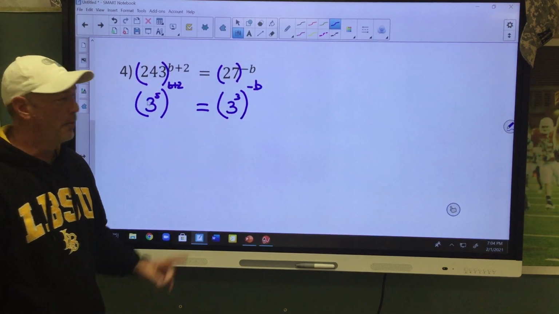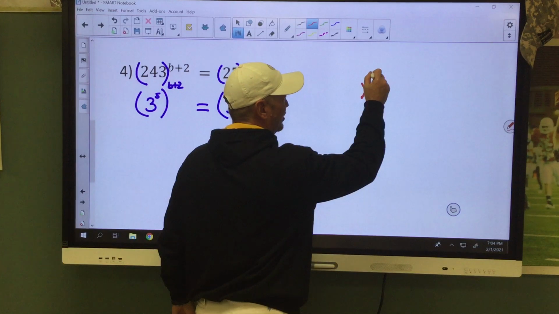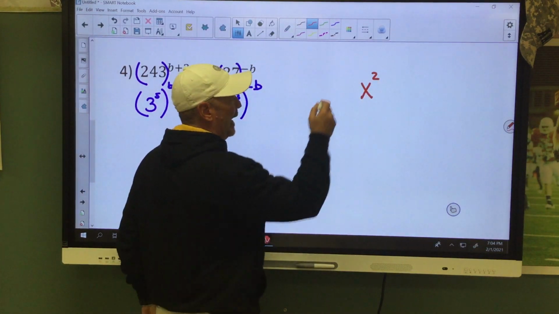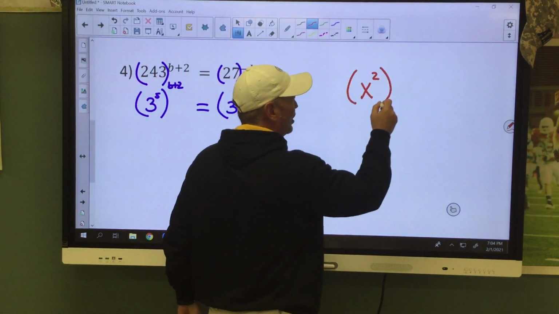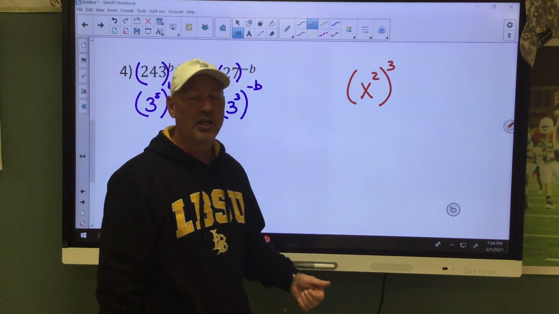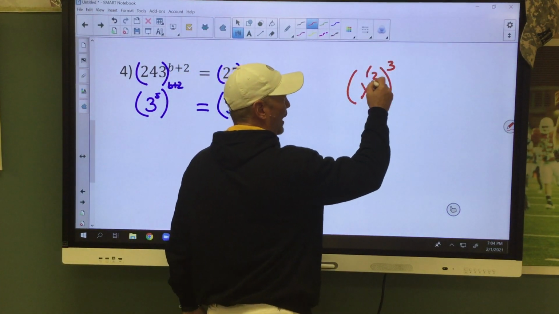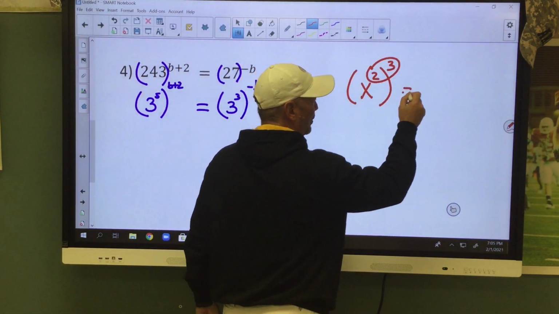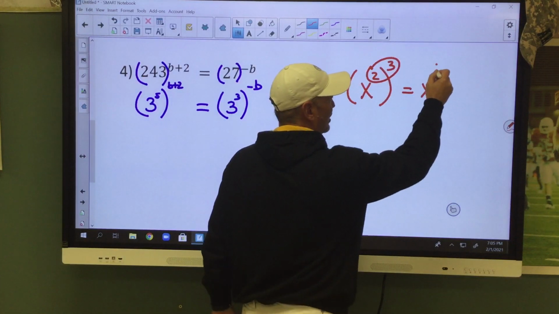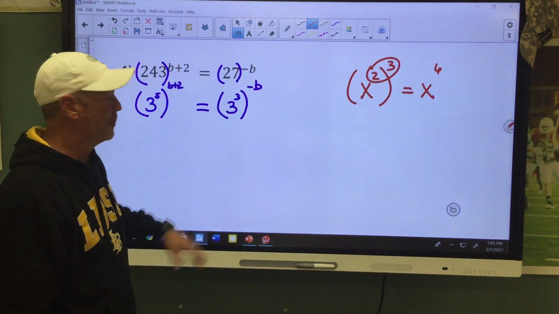Quick reminder, remember when we had this on a worksheet and I had x to the 2nd power and we raised it to the 3rd power. We ask you in this situation to multiply. So when you go power to power or raise the power, you multiply and that would give you x to the 6th. Same concept right here.